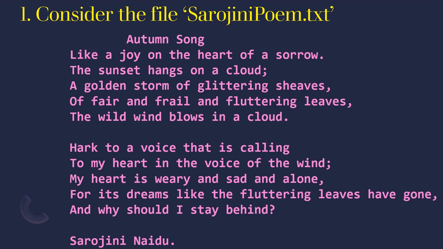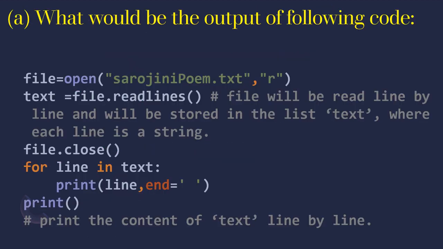So there is the title of the poem and there are a few lines in this poem. Now let's see what to do with this poem. What would be the output of the following code? Here you can see the file is opened in read mode and the file is read with the help of the function readlines, and the output is stored in a variable called text.